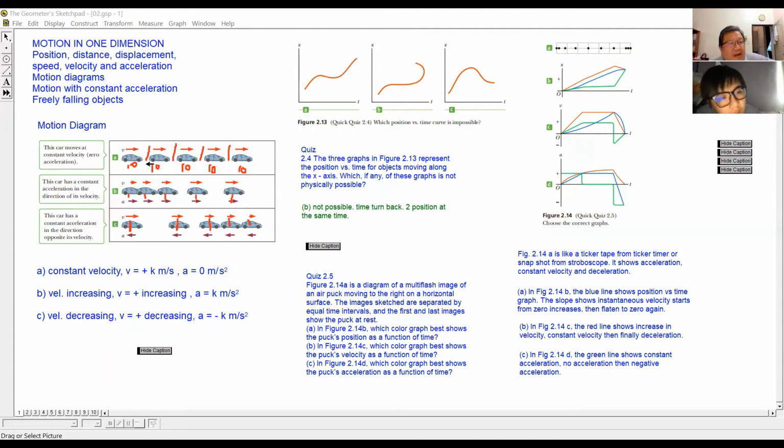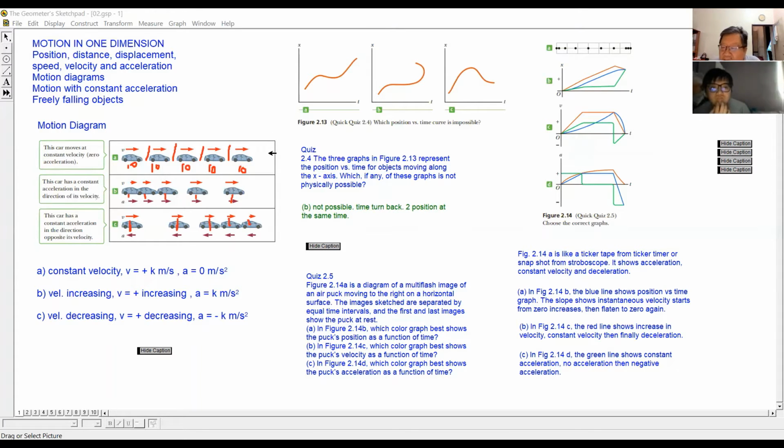Okay, now let's say it takes 1 second to move from the first position to the second position. So it is 10 meters in 1 second. This one is 10 meters in 1 second, 10 meters in 1 second, 10 meters in 1 second. So what can you say about the velocity?